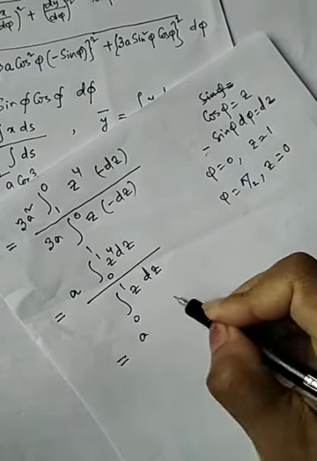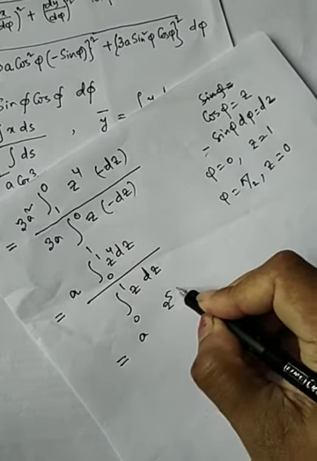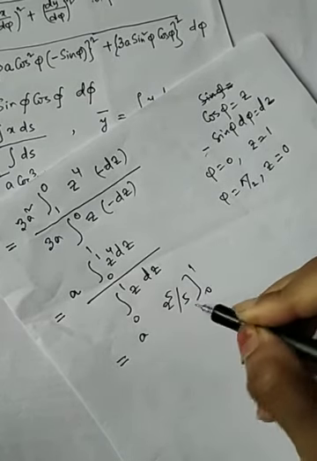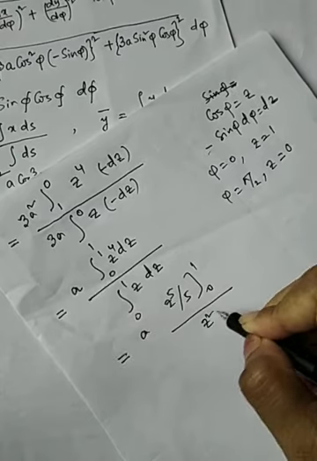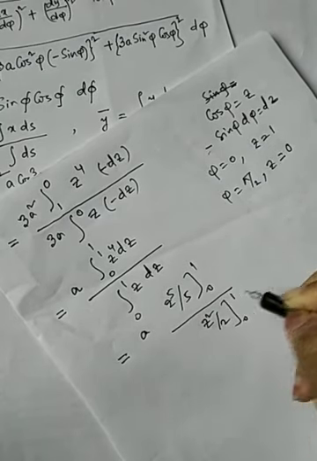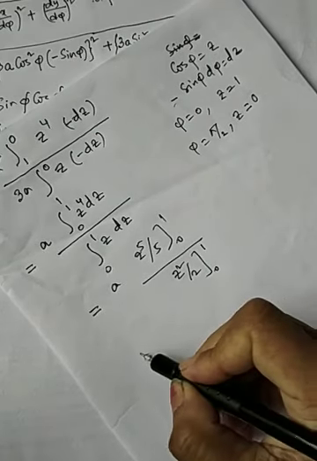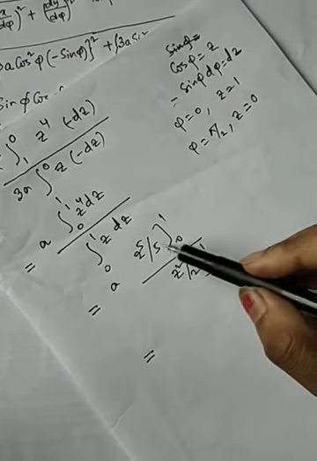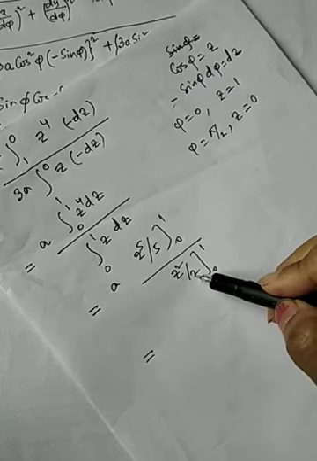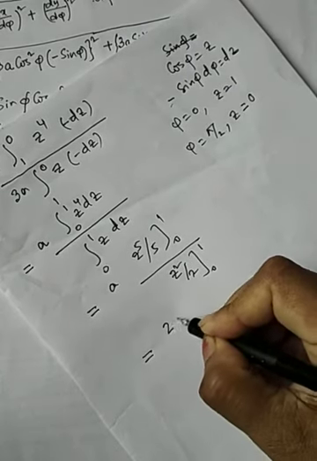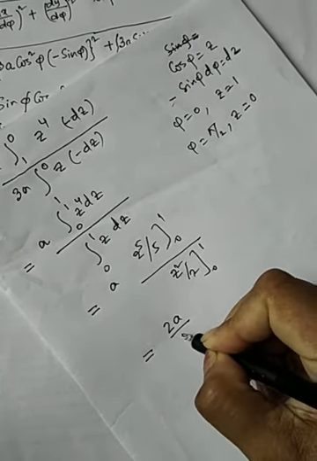So a times z to the power 5 by 5, 0 to 1, and below it is z square by 2, 0 to 1. So this is 1 by 5 and 1 by 2. This 2 will come, 2a by 5.